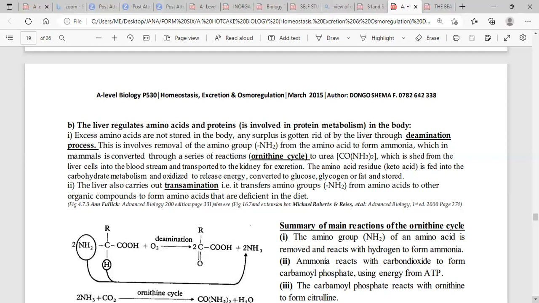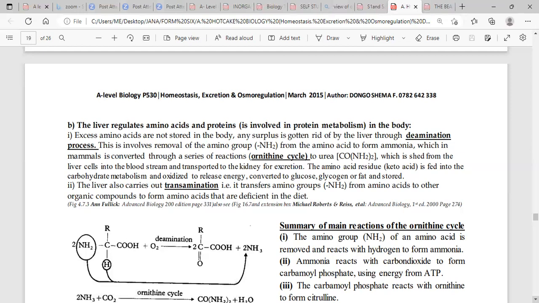Then you have succinate and the rest. So depending on the carbon atoms present in a specific amino acid, that is where it joins the carbohydrate metabolism pathway. That is the respiratory pathway.